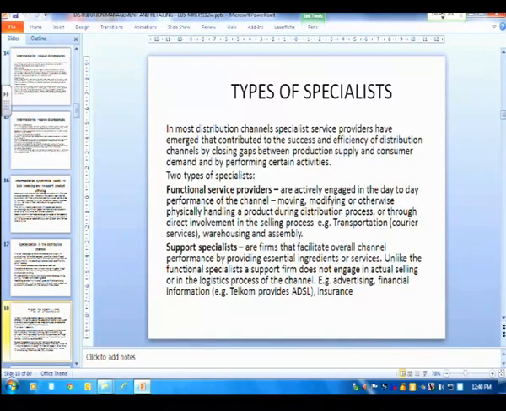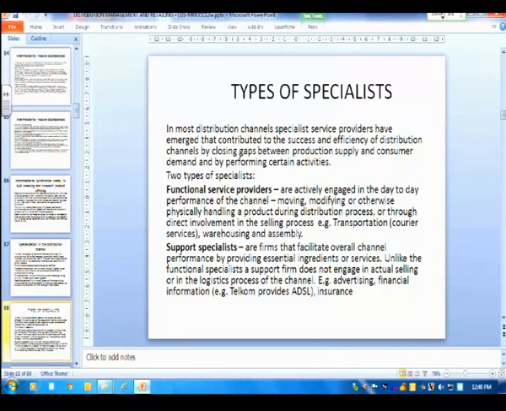Let's look at the two types of specialists. The first one is called functional service providers. These are actively engaged in the day-to-day performance of the channel.